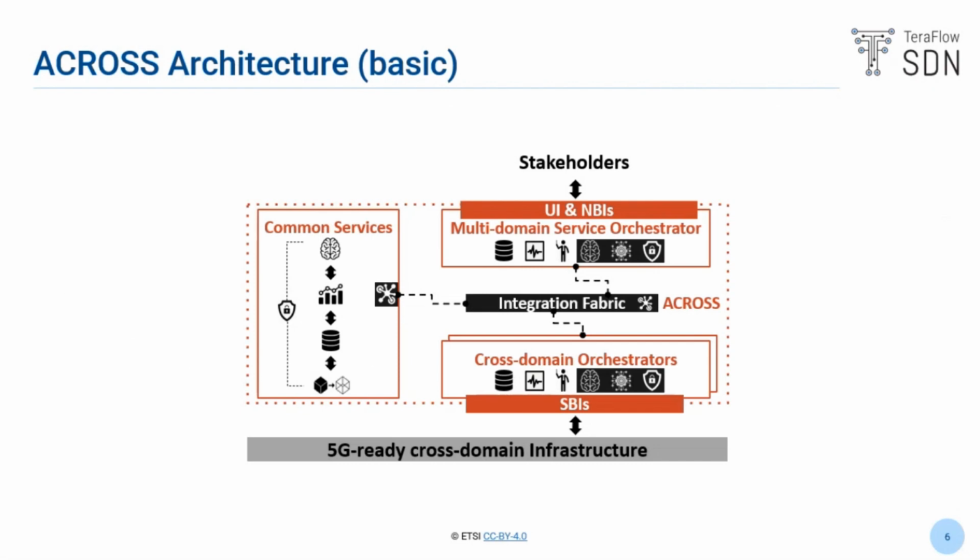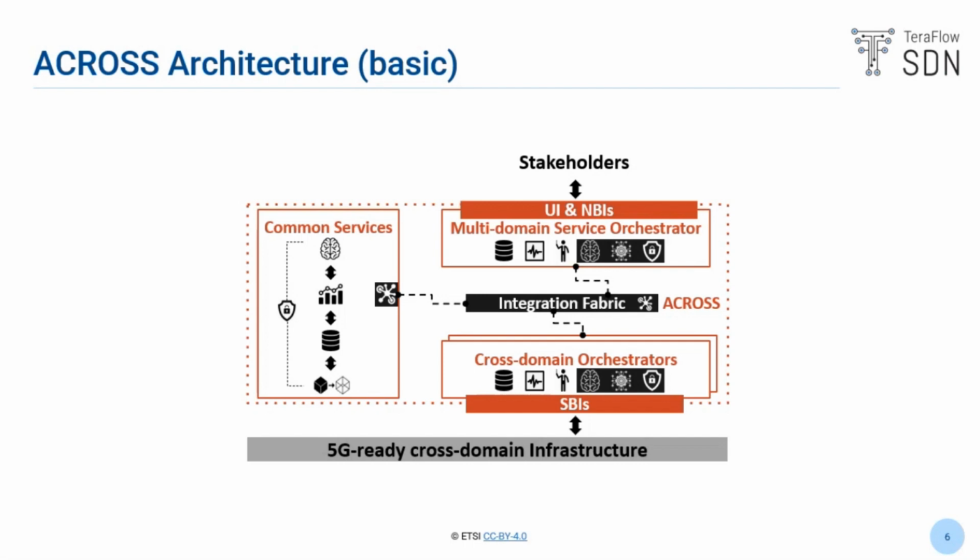So we start from the 5G really cross-domain infrastructures where we have, for instance, radio domains, transport domains, core domains, and we need to manage the services that we deploy over there. For that, we have the cross-domain orchestrators, and then we might have different cross-domain infrastructures, like these ones, each of them managed by a specific cross-domain orchestrator.